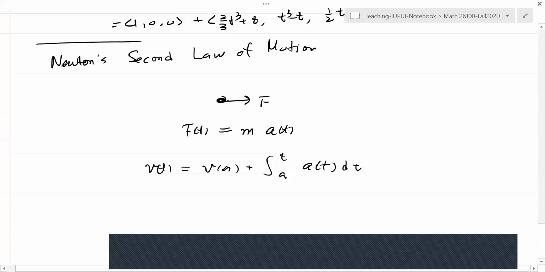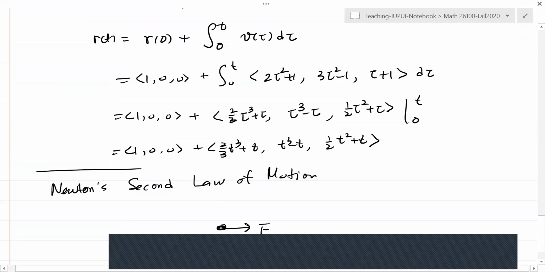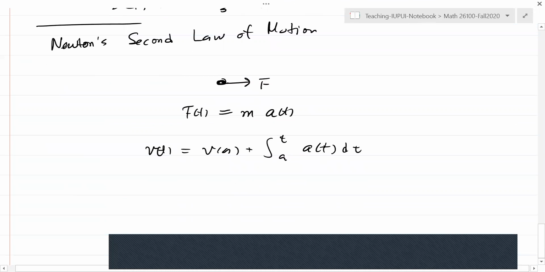That's right. We probably won't get into too much detail about the physics part. We just need to know how to do the mathematics. We are given the acceleration, and the constant is also given, and we are trying to figure out the velocity vector.